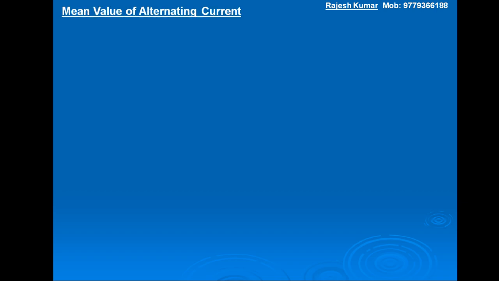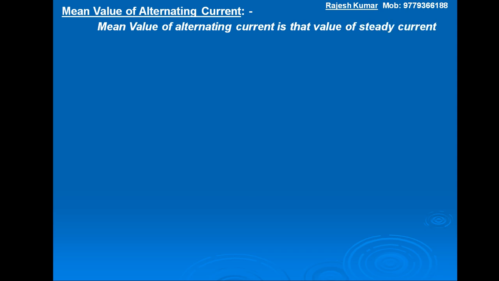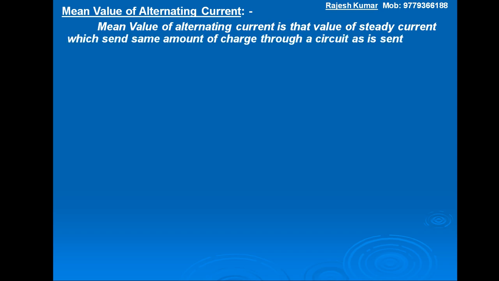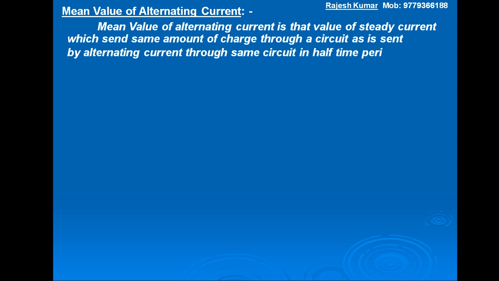Now some definition. Mean value of alternating current. Mean value of alternating current is that value of steady current which sends the same amount of charge through a circuit as is sent by alternating current through the same circuit in half time period.